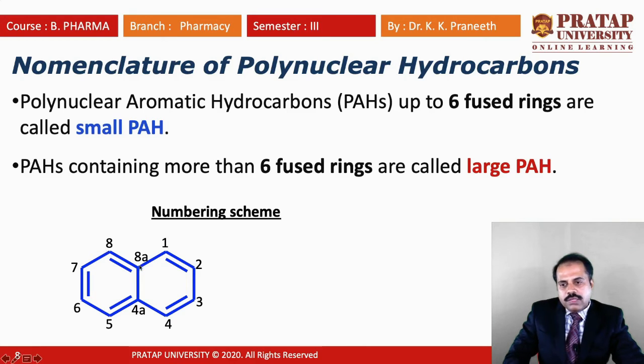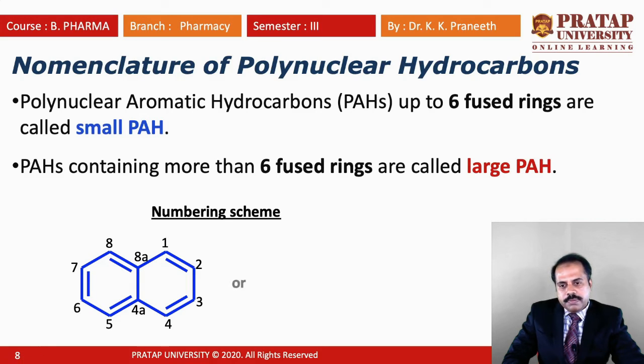This fused carbon is designated as 8A, and this one after 4 is 4A. So, this is one way to number polynuclear hydrocarbons.